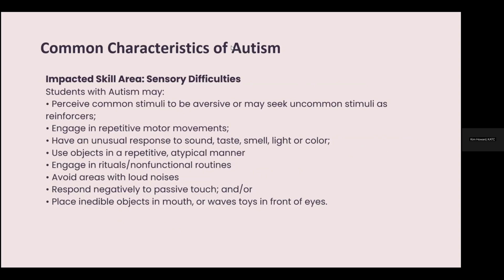Some of the things that we might see for our students that are having sensory issues: we get students that don't want touch, right? If things are too fast, too bright, too loud, they may engage in rituals. It could be students that are very upset by light touch.